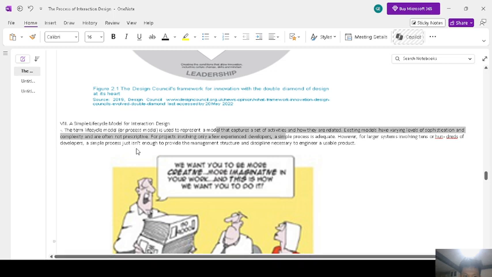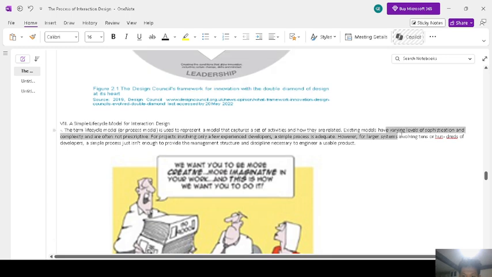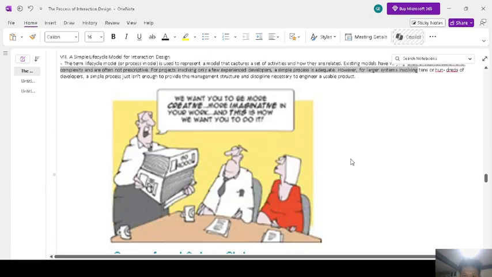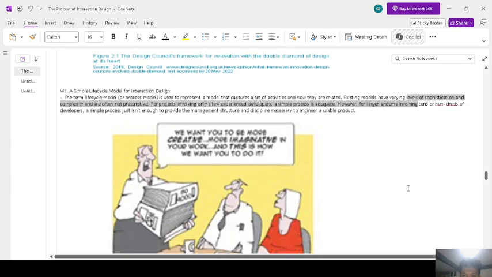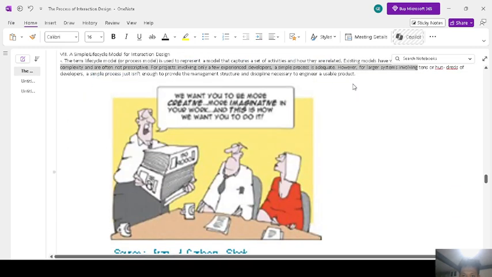So this life cycle model is used to represent a set of activities in the product and how they are related. Representations of a product vary in complexity. For small teams the representation may be simple.